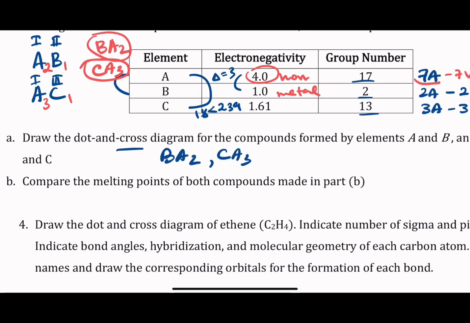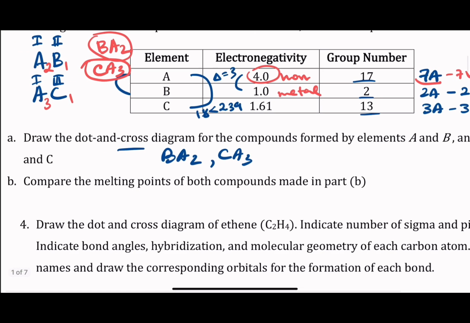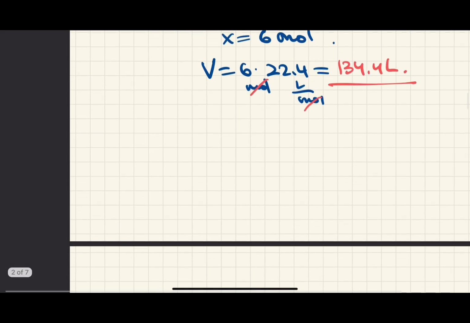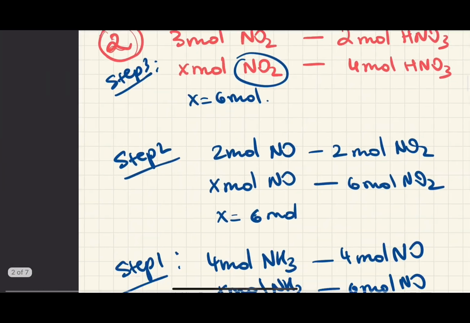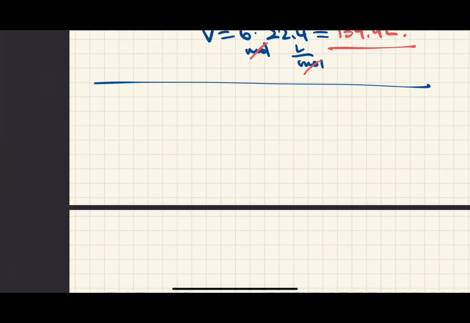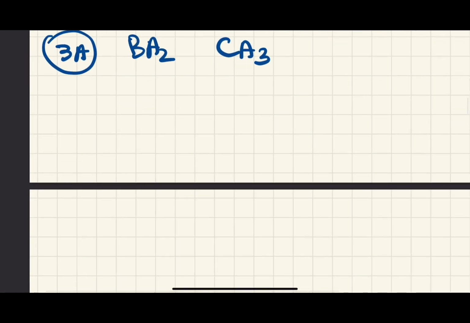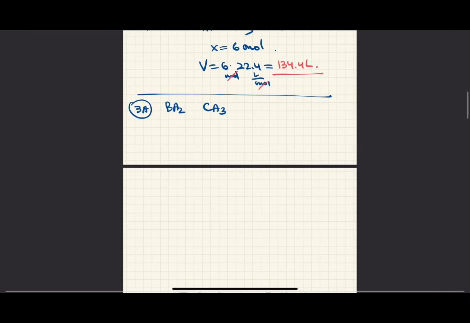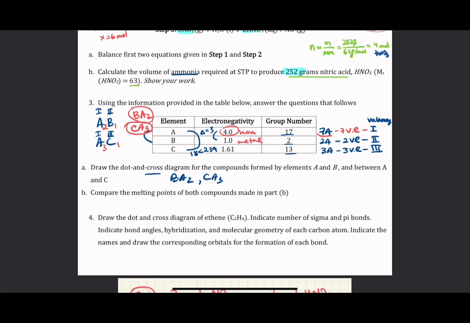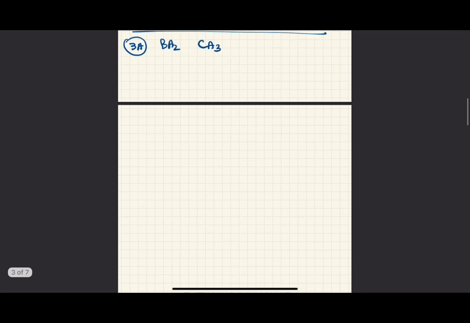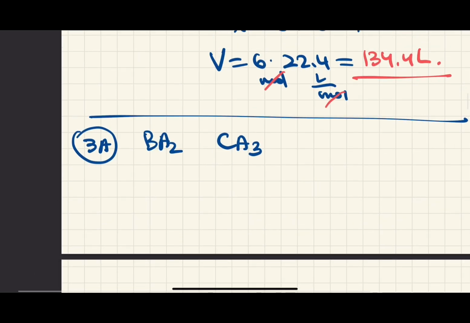These are our compounds. Now it is asking us to draw the dot cross diagram, so I'm gonna draw it here. The question, it is 3A. So we have BA2 and then CA3. Now I'm gonna draw both of them. Because with B we had 2 electrons, right? If you write the charge, it would be +2, and this is -1, and this is +3, and this is -1.